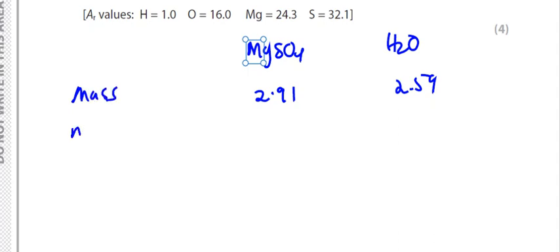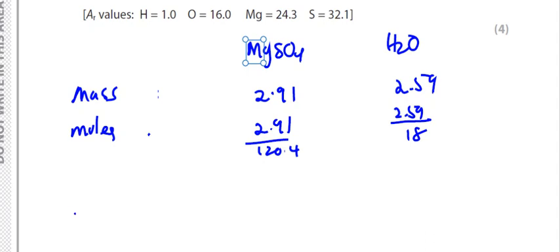You need to find the moles. Magnesium is 24.3, sulfur is 32.1, and oxygen is 64, so it is 2.91 divided by 120.4, and 2.59 divided by 18.